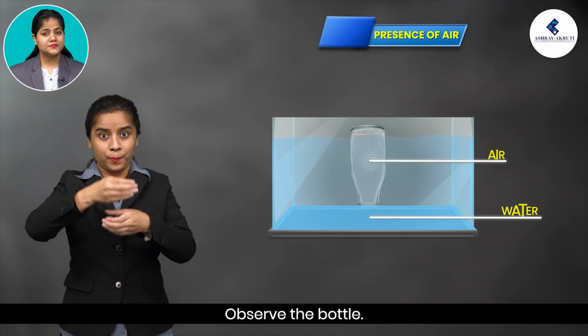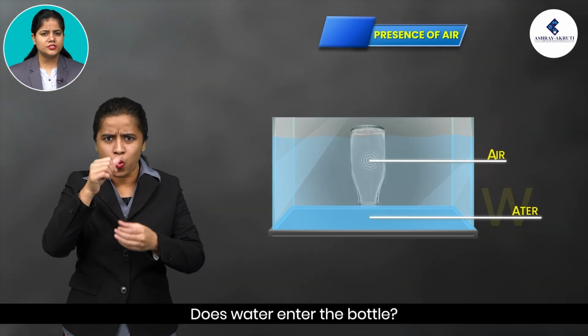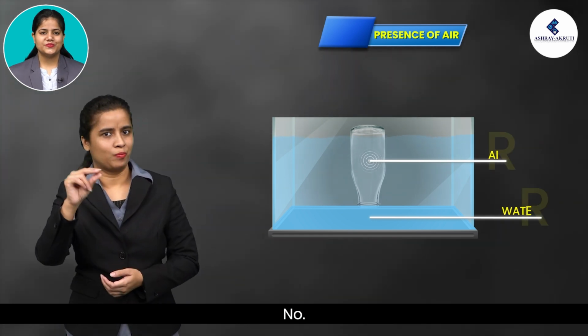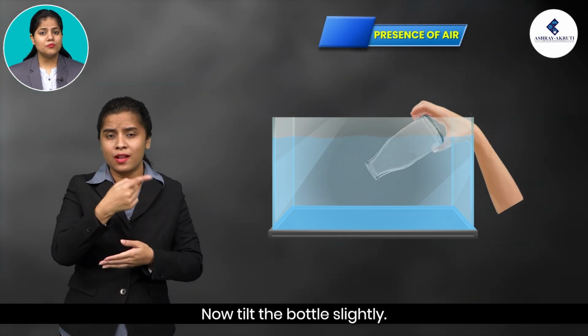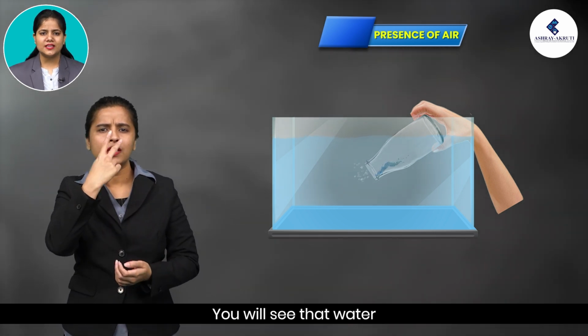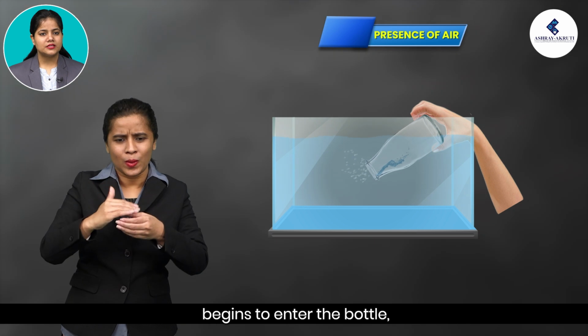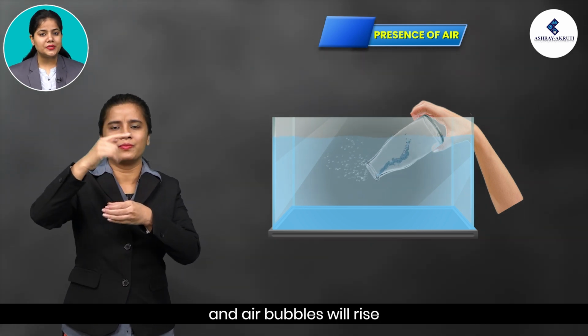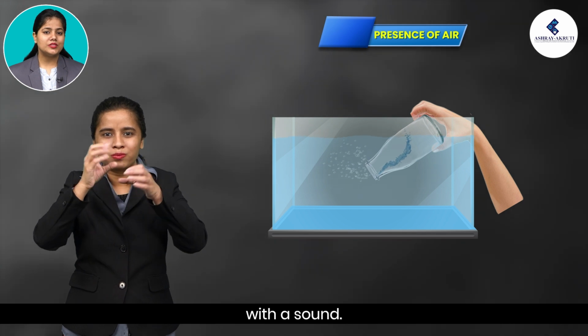Observe the bottle. Does water enter the bottle? No. Now, tilt the bottle slightly. You will see that water begins to enter the bottle and air bubbles will rise with a sound.